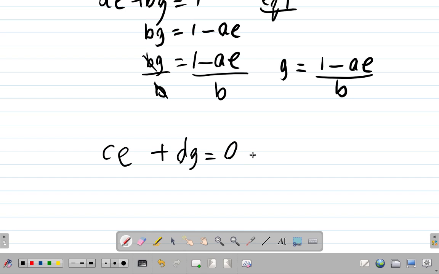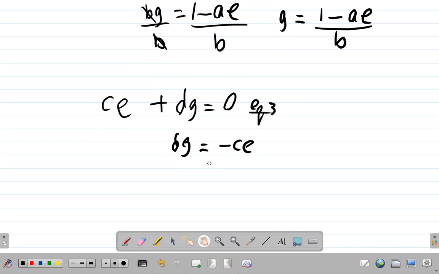If we subtract CE from both sides, we have DG equal to 0 minus CE, so it's a negative CE. You see that? Nice. Then to get G, we divide by D. DG equals negative CE.